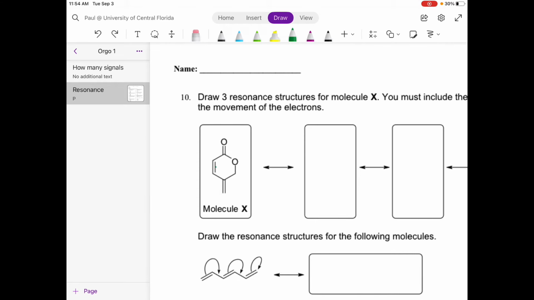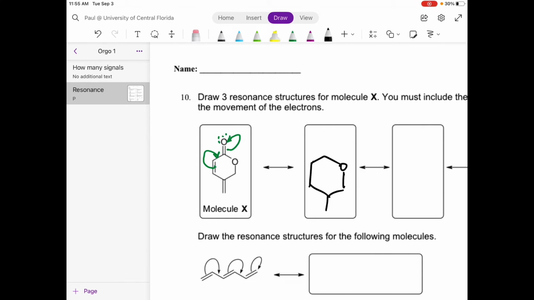Or you could have drawn it like this. It doesn't matter, but I'm taking those pi electrons and putting them between the 2 carbons. And then I'm going to take those pi electrons and move them to the oxygen. Now let's draw what I just showed you with those green arrows. I'm going to have the oxygen there.